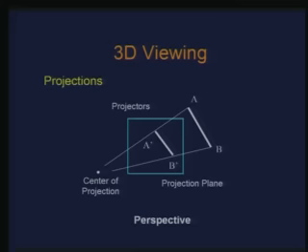So, now what we have is these projectors coming from the 3D scene, passing through the center of projection, and as a result I get an image here, A prime B prime. Now, these projectors in this scenario are the projectors which meet at a point and they are not parallel to each other.